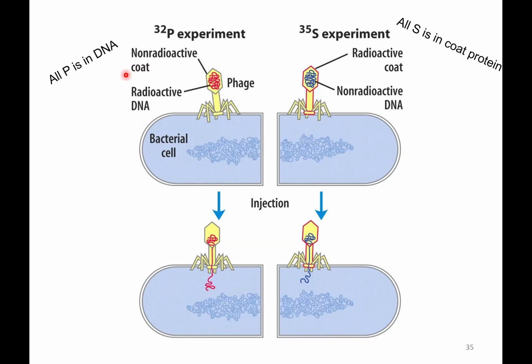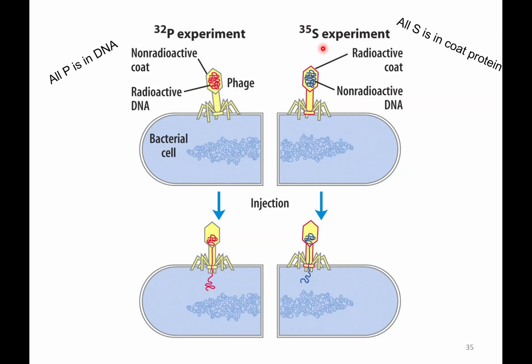All phosphorus in a virus is in DNA. So the protein in a virus makes up the capsule or capsid, and then the DNA is inside. So in the P32 experiment, you had radioactive DNA inside the virus.